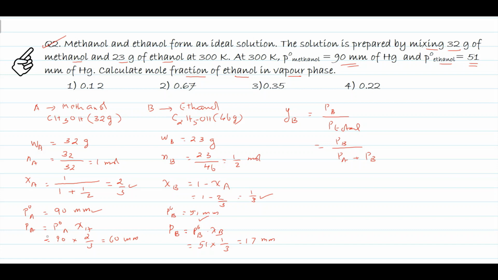So we have PA value 60 mm, PB value 17 mm. So you can easily calculate YB by substituting PA and PB in the equation. PB is equal to 17, divided by PA, 60, plus PB, 17. On solving, we get 0.22. So the answer is the fourth option.